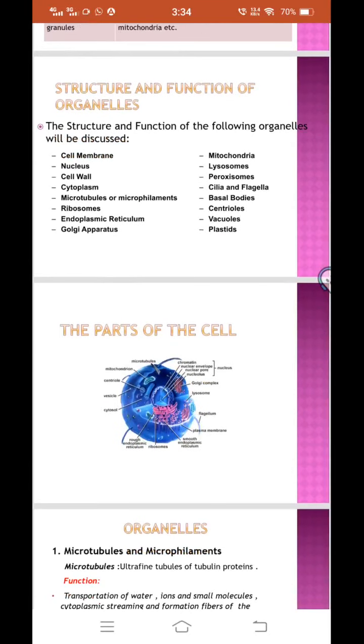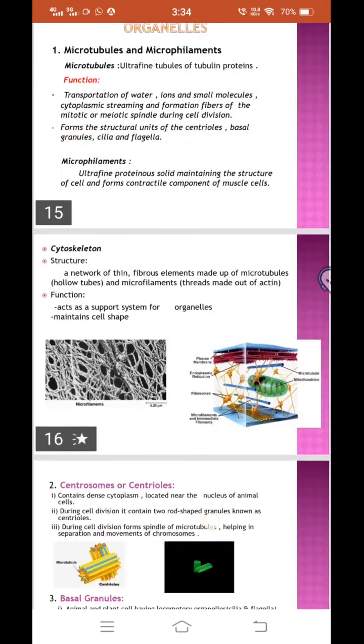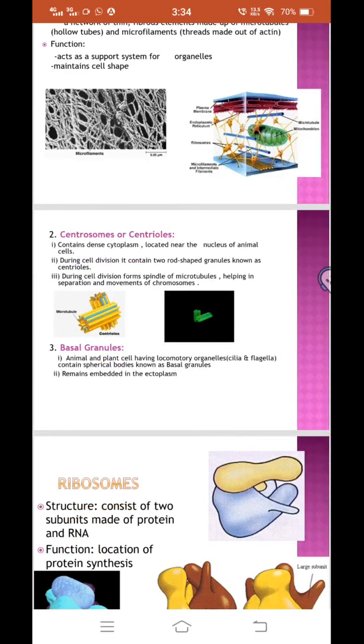Now these centrosomes are very important during the cell division. So during the cell division, these centrosomes contain the two rod shaped granules and these are known as centrioles. Okay, and during the cell division, these centrioles form the spindles of microtubules, which help in the separation and movement of the chromosomes.